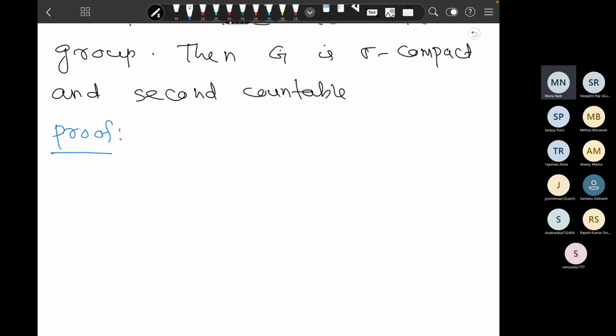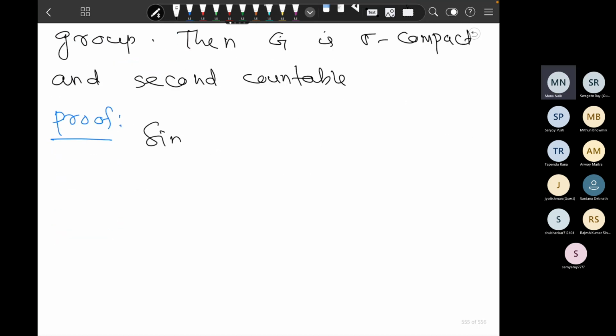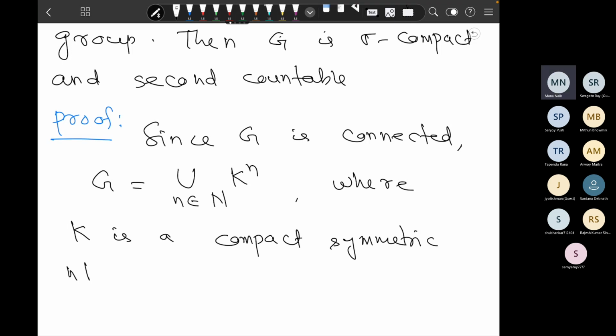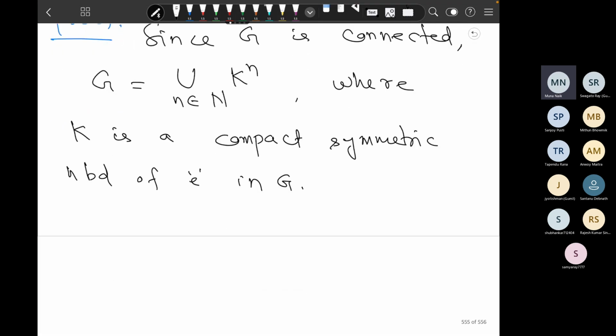Proof: since G is connected, G can be written as the union over n belonging to N of K to the power n, where K is a compact symmetric neighborhood of identity in G. This is the usual argument that in a topological group, a neighborhood of identity generates the whole group.